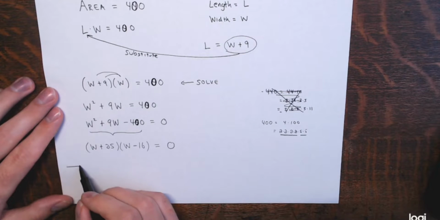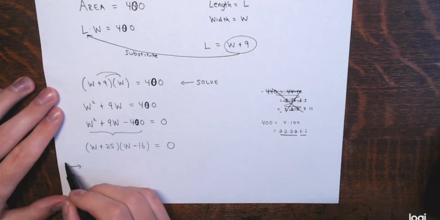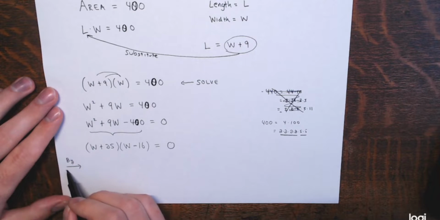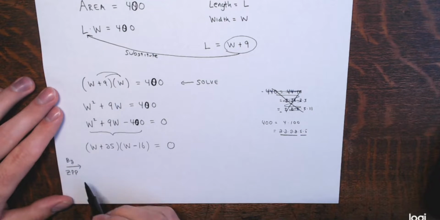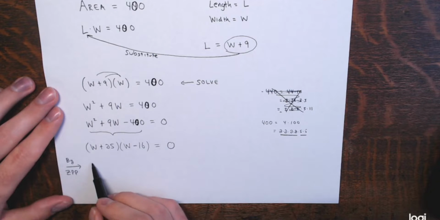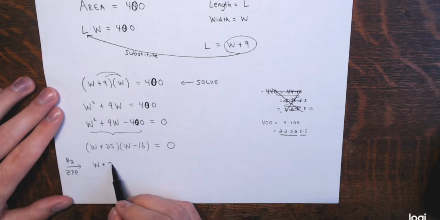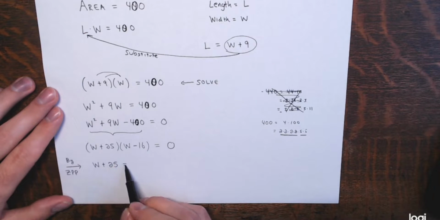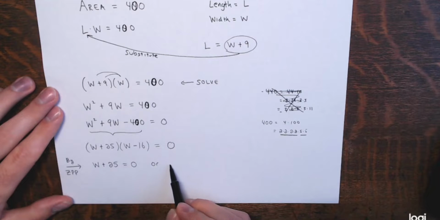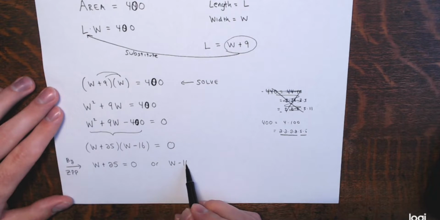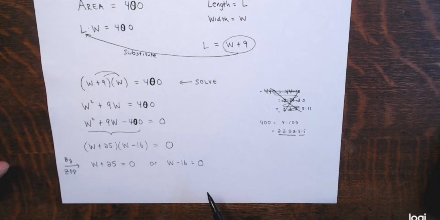And since I have a product equal to 0, I can now apply that zero product property. By the ZPP, one factor equals 0 or the other one. So either w plus 25 equals 0 or w minus 16 equals 0. And then we solve these and see which one actually makes sense with the problem.